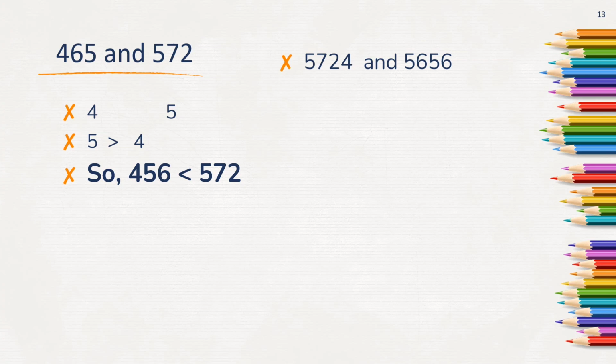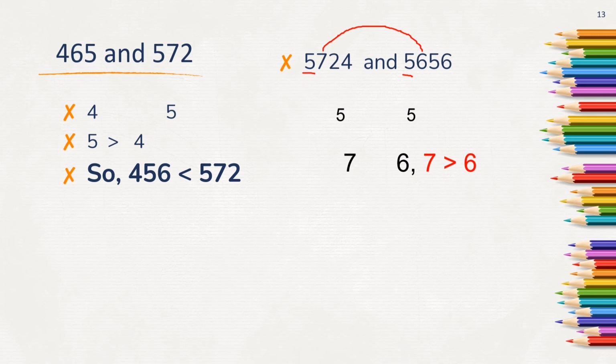Here 5 and 5 are the same, so we could not compare. So we move to the second digit, that is 7 and 6. When you compare 7 and 6, 7 is greater than 6.